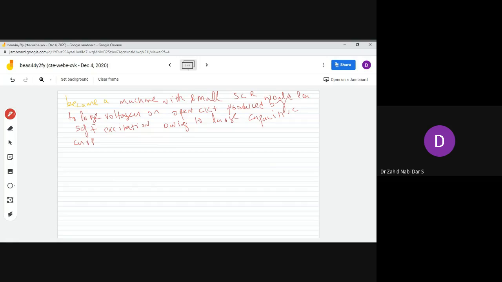The capacitive current is due to the leakage. Okay, currents drawn by the transmission line. So this thing we have to keep in mind. These are the factors that are essentially affecting the machine and the short circuit ratio of the machine. So this was about the short circuit ratio of the machine.